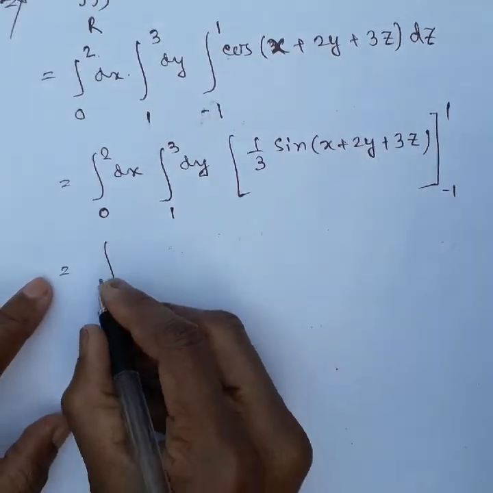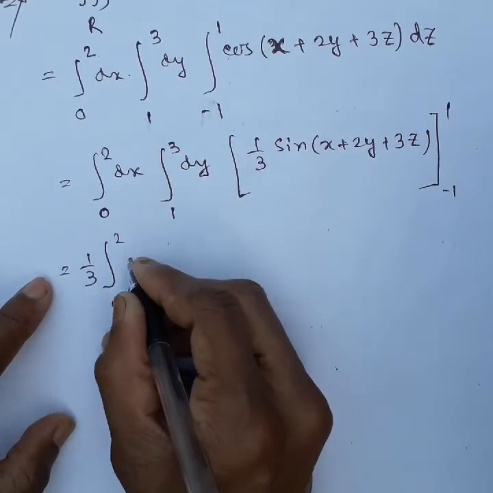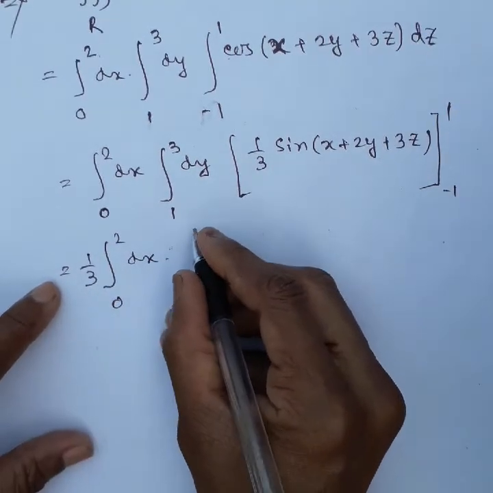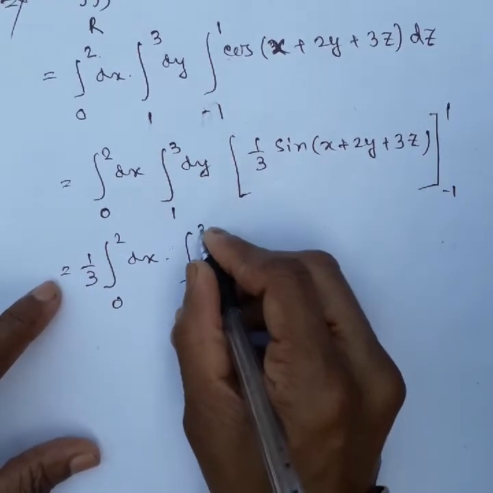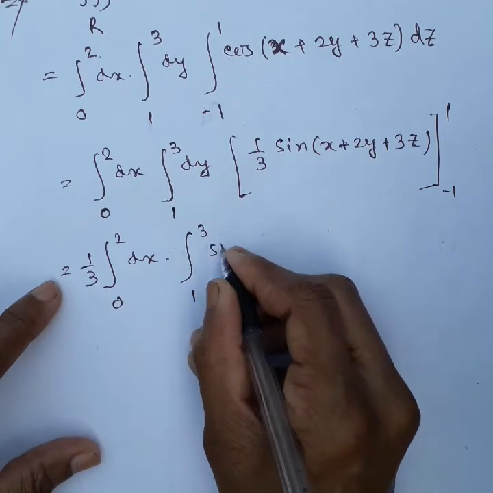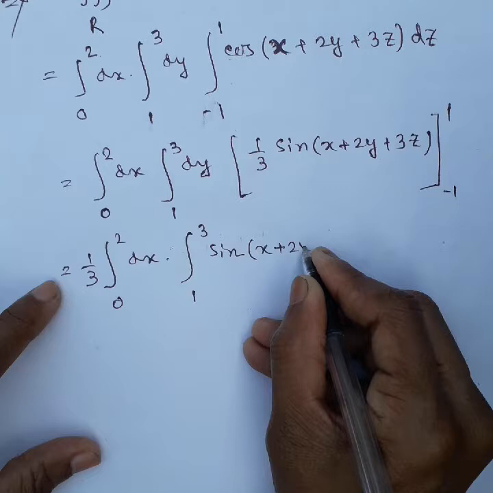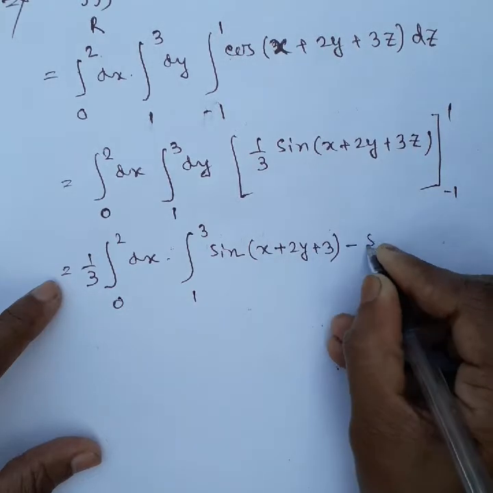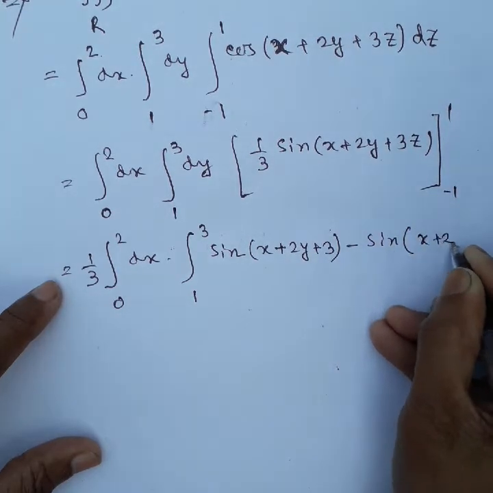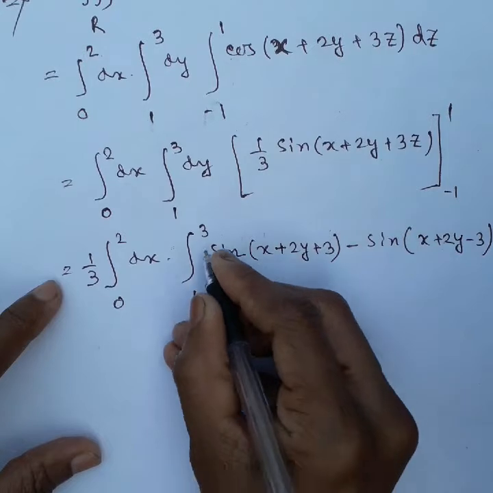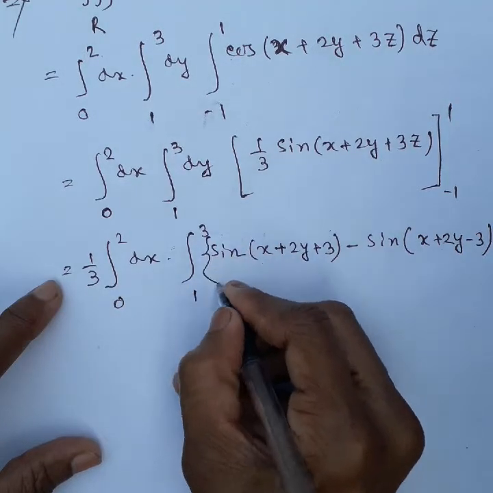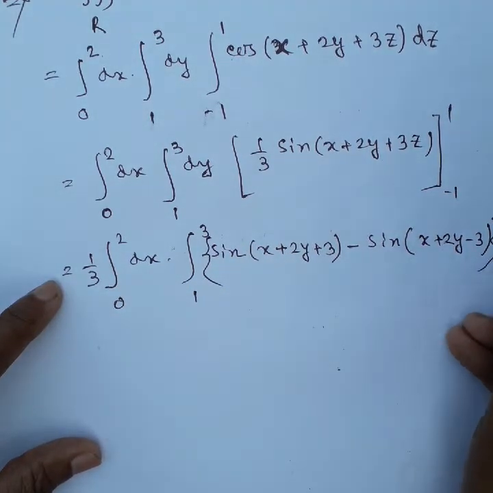This means 1/3 of 0 to 2 dx, integration of 1 to 3, sine of (x plus 2y plus 3) minus sine of (x plus 2y minus 3) dy.